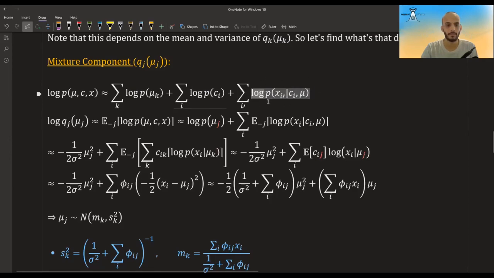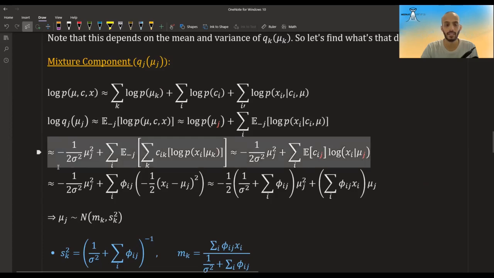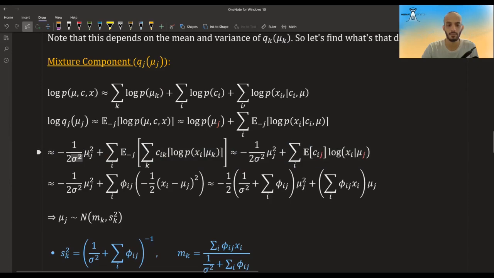Okay, so if we look at the mu jth element here, we said the prior that we gave it was a normal distribution with a mean 0 and variance sigma squared. So this is proportional to this after we take off the normalizing constant, and this is the only expression that has mu_j in it.